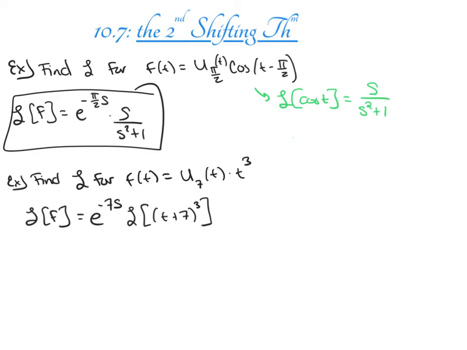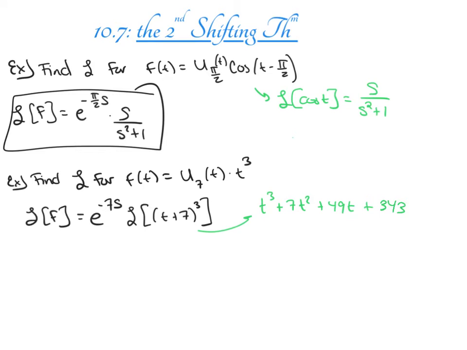Ugh, okay, because that doesn't have the correct shift in there, unlike the last one. I don't have a good way of finding the Laplace of this, so for right now, I'm stuck doing t cubed plus 7t squared plus 49t plus 343.